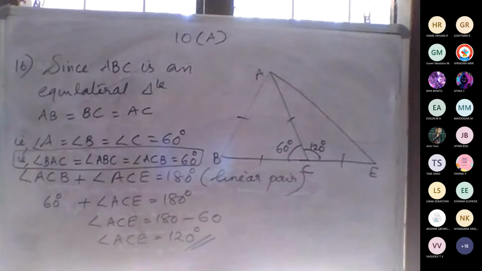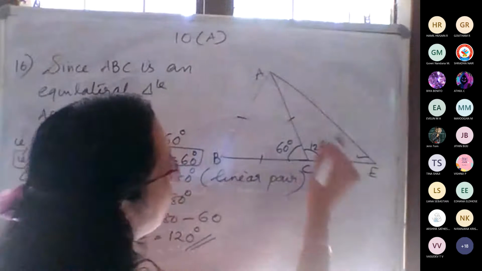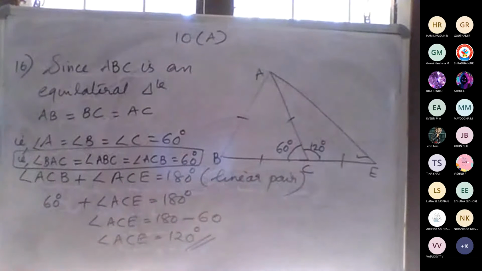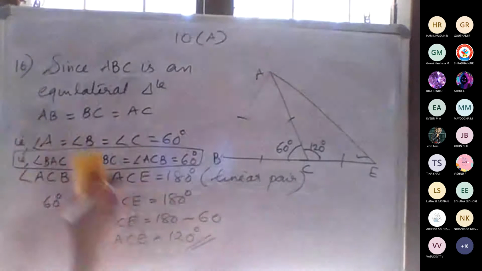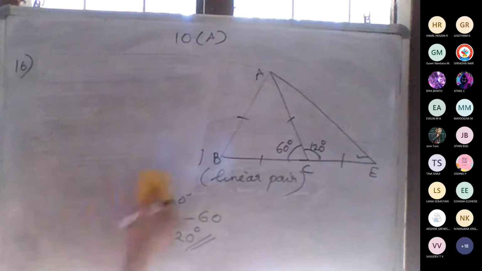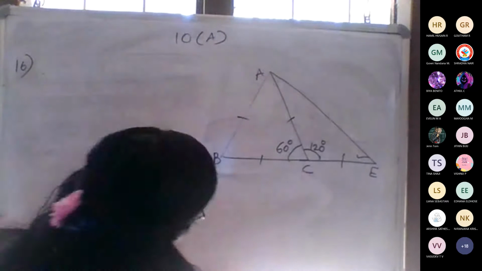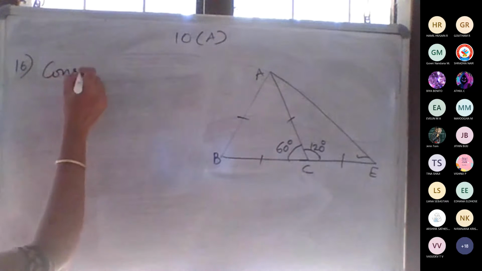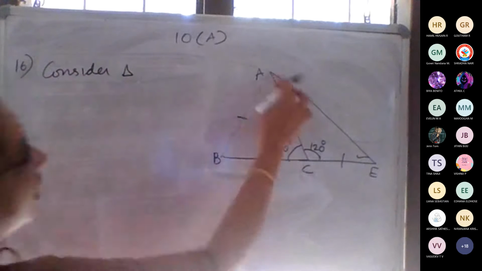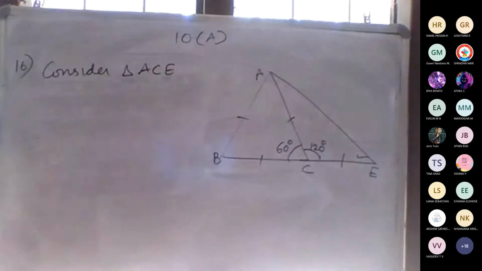Next, consider triangle ACE. We have to find angle AEC. So for that, consider triangle AEC or ACE, anyway you can write ACE or AEC.